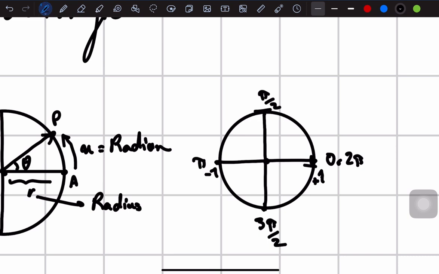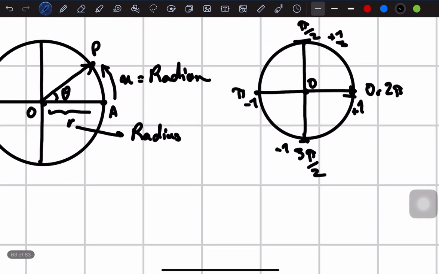And if we consider here positive 1 and here negative 1, at point pi over 2 we have a cosine of 0, and a sine of positive 1, which we'll get to in a minute.